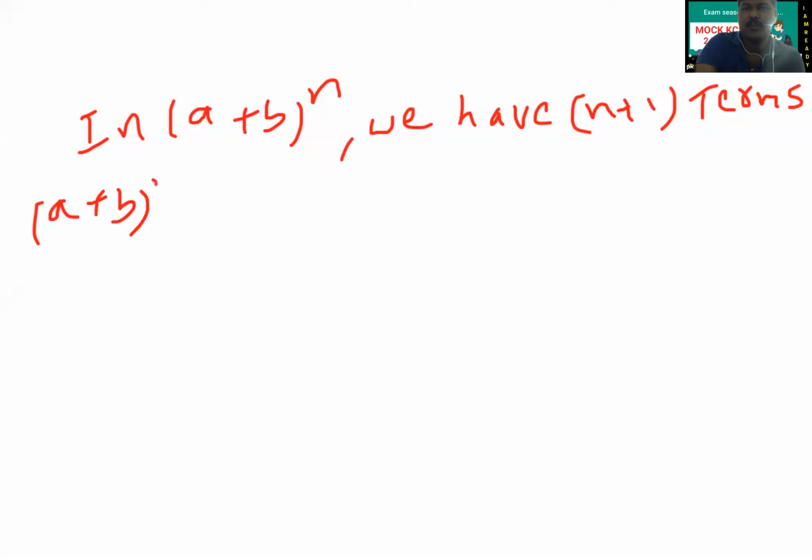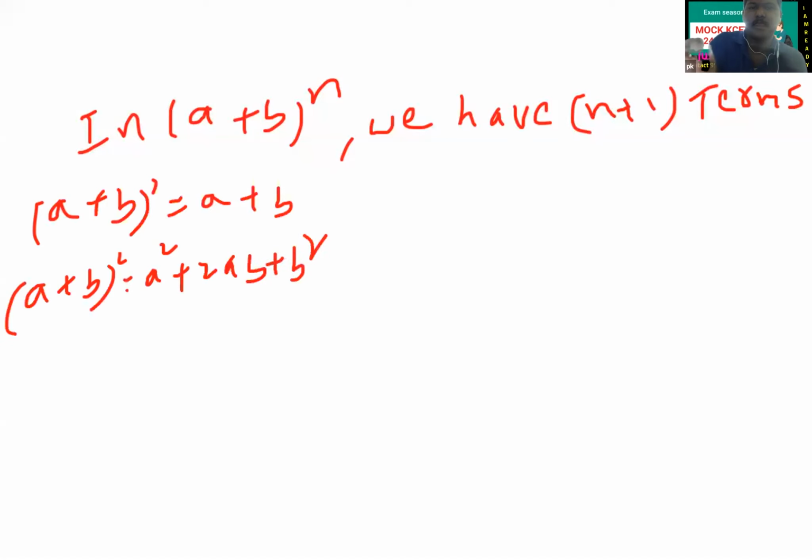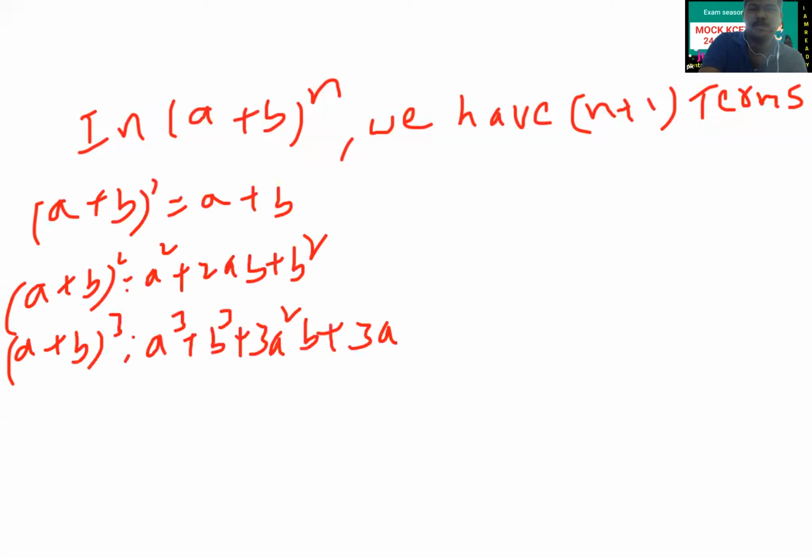(A + B)^1 is A plus B. (A + B) whole square value, A square plus 2AB plus B square. (A + B) whole cube value, A cube plus B cube plus 3A square B plus 3AB square. How many terms are there? The number of terms.